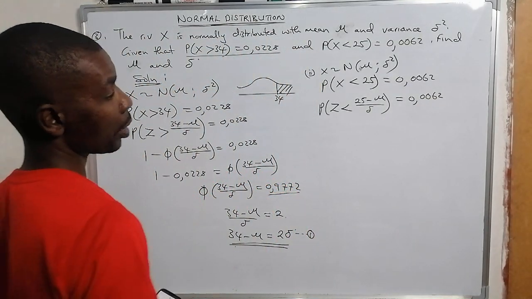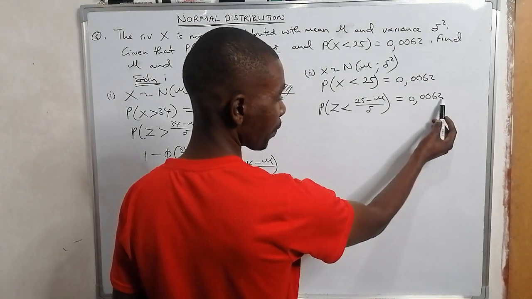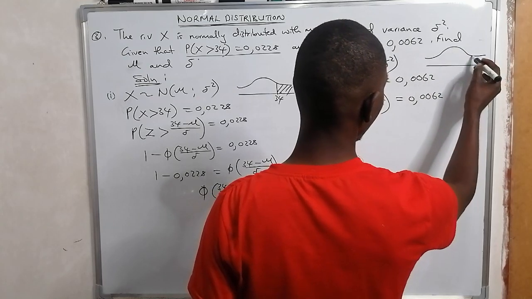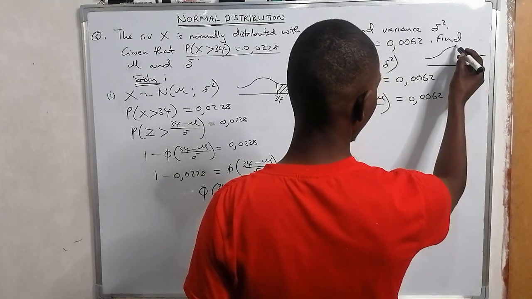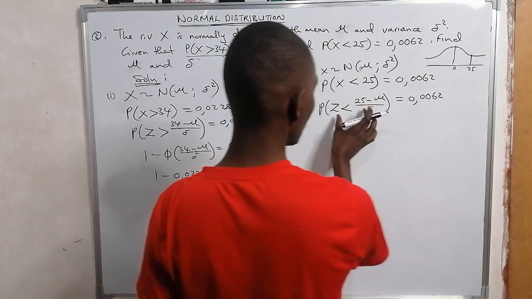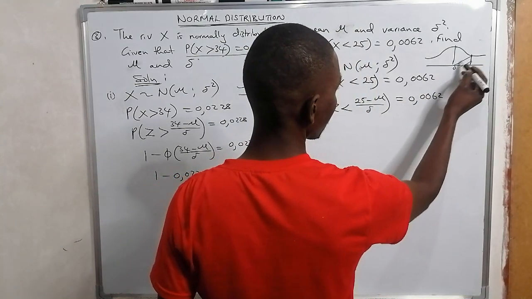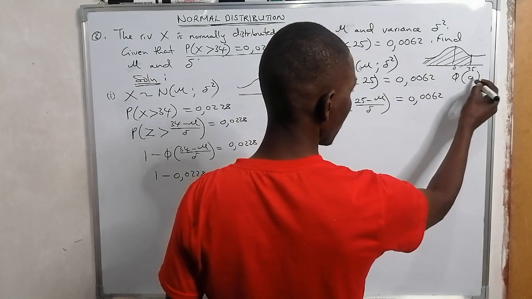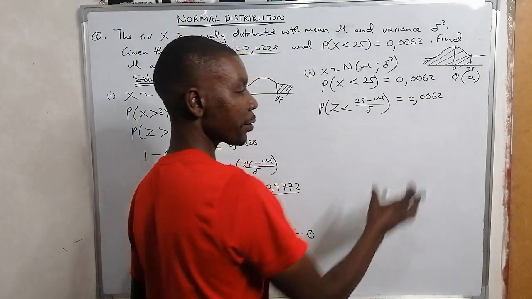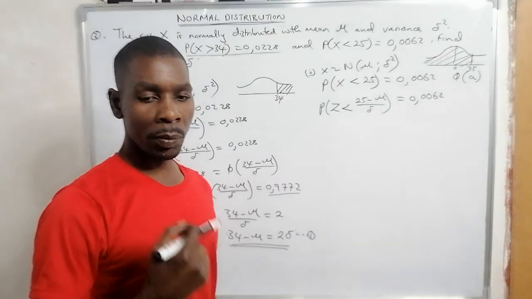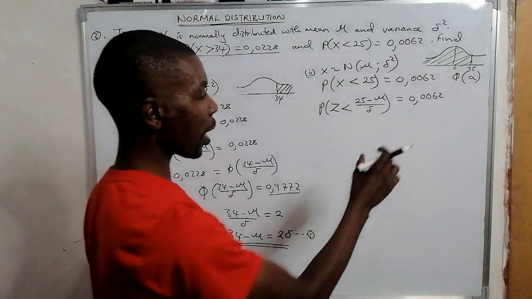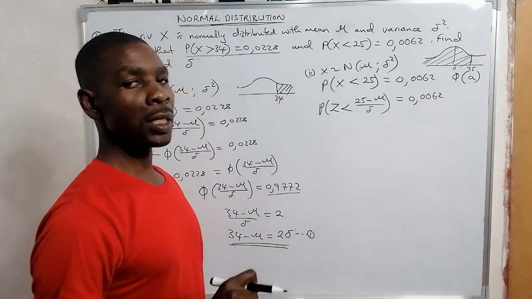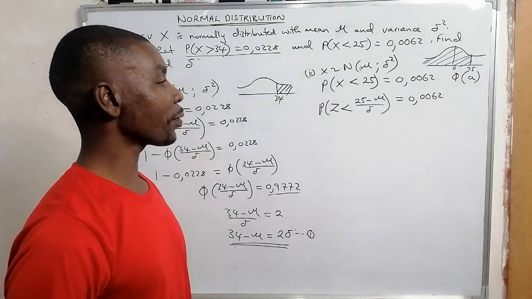Now, remember, this is less than 0.5, and from our normal distribution table we want the part which is less than. We are supposed to use phi of a, but we can't find 0.0062 from our tables. So we use 1 minus this one, but the answer that we are going to get from our tables, we are going to multiply it by -1.